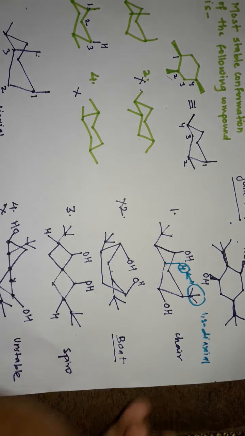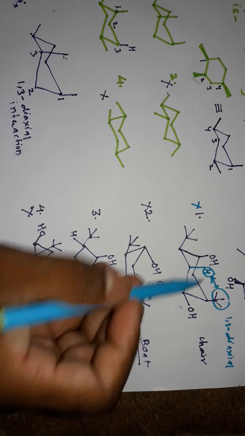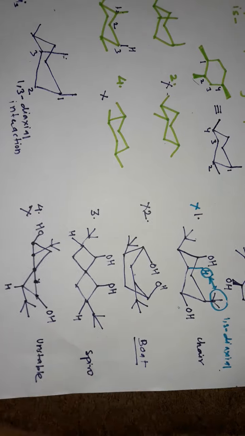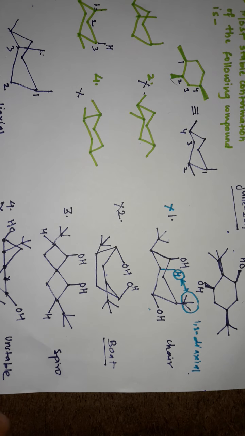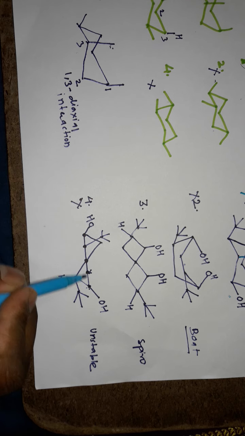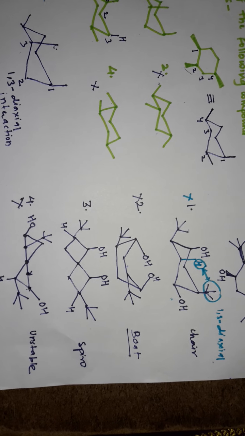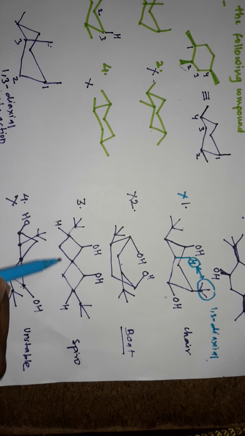That's why, as far as stability is concerned, this is not the stable conformer in this case. So this is removed because of 1,3 diaxial interaction. This is removed because it is a boat conformer. This is removed because 4 carbons are in the same plane, which cannot be the case. Now we are left with this spiro compound.